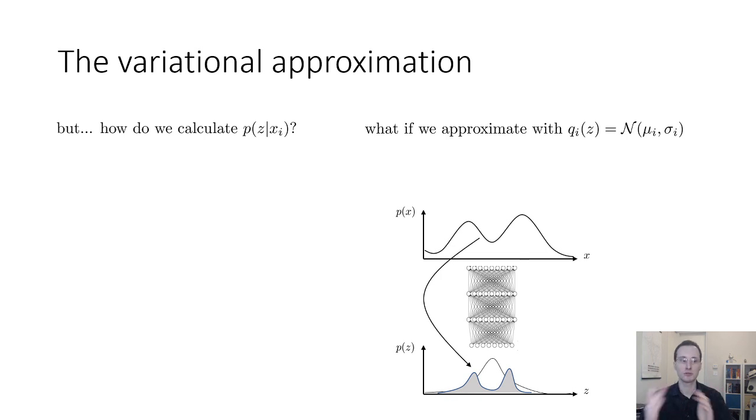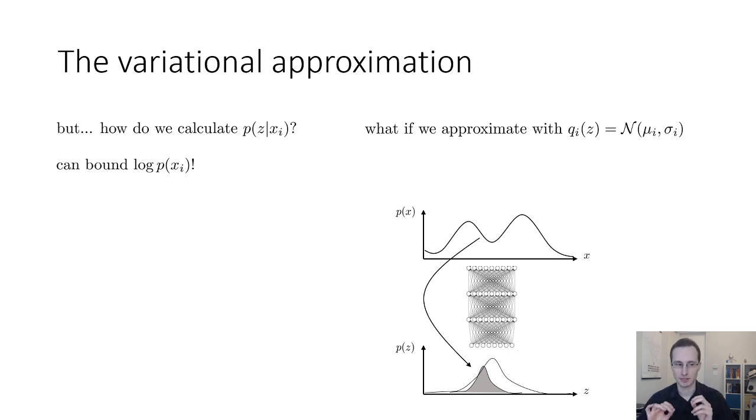And it's going to be a different mean and a different variance for every image. So for every data point in our data set, we have a different approximate distribution qi(z), and we're going to try to get that approximate distribution to be pretty close to the real posterior p of z given xi. Now, of course, the real p of z given xi is not just a Gaussian. It might be some really complicated thing. So this is an approximation, and perhaps a fairly crude one.